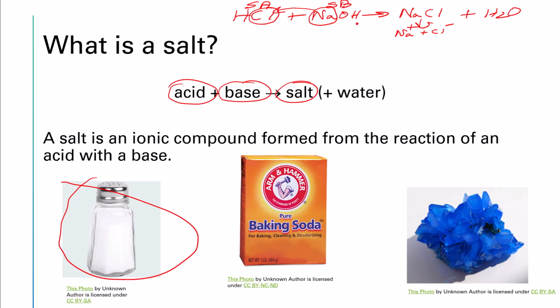So what we can say is, if I have a strong acid, strong base reaction, it produces a neutral salt. The same thing would be true if I used a different strong acid like nitric acid, or a different strong base like potassium hydroxide or calcium hydroxide. It's going to produce a neutral salt.